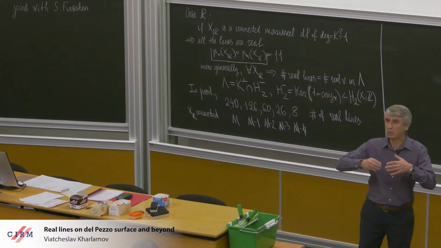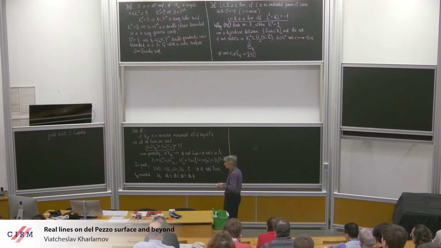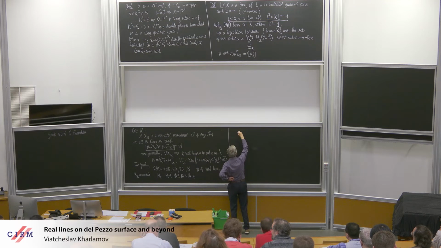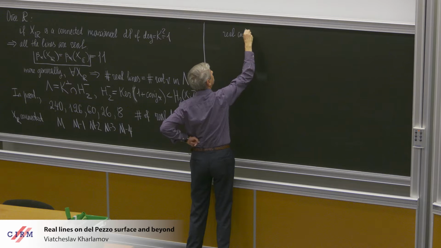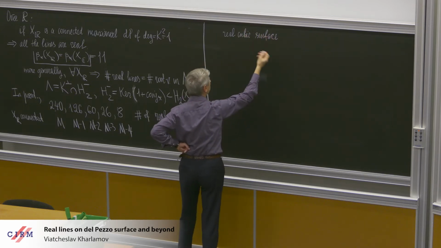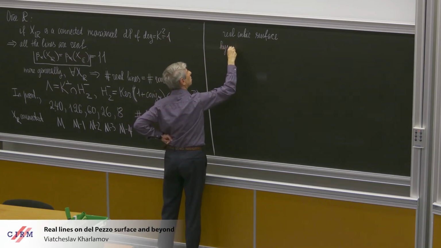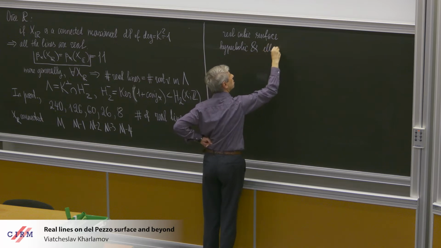We want to perform some signed count of lines and to achieve the same result as in the case of cubic surfaces, where, let me remind you, if you take a real cubic surface, then on such a surface there is a notion of hyperbolic lines and elliptic lines.